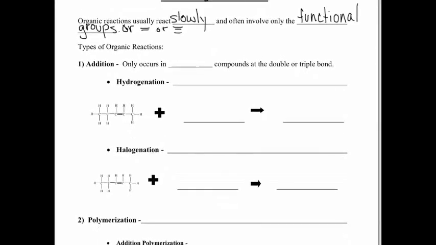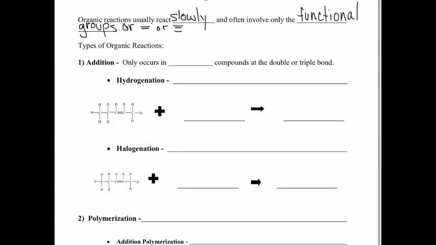So the first one we're going to talk about is an addition reaction, and this only happens in unsaturated compounds. Unsaturated means that it has a double or a triple bond, which means typically it's an alkene or an alkyne.